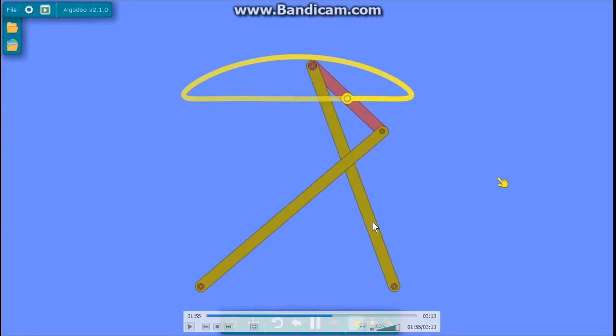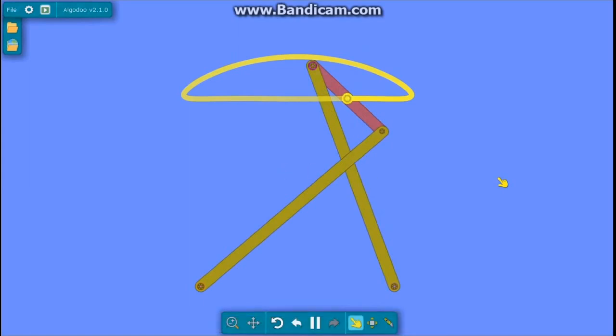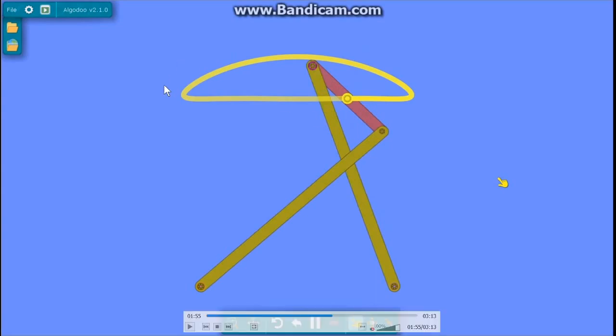Then the other two links are of the same length and should be 2.5L. Clear? So this is 2L, these two rocking parts are 2.5L, and the other opposite smaller link is L. This is the condition for the Chebyshev linkage. You can also refer to it, and otherwise you can ask me.